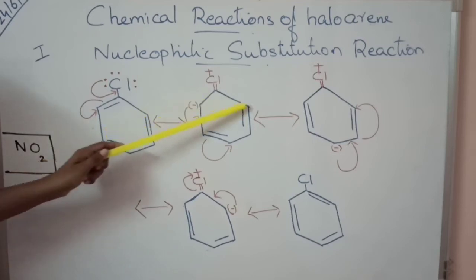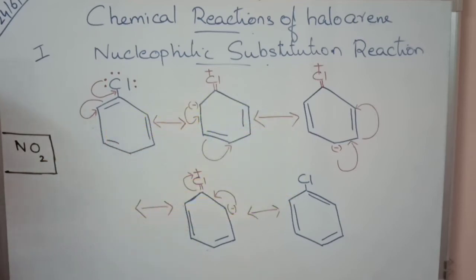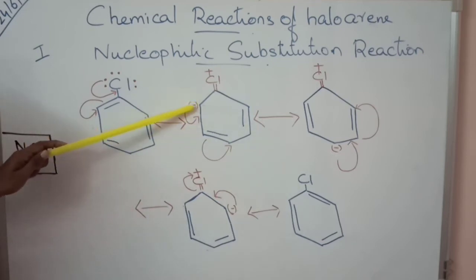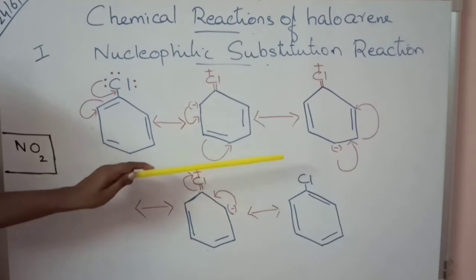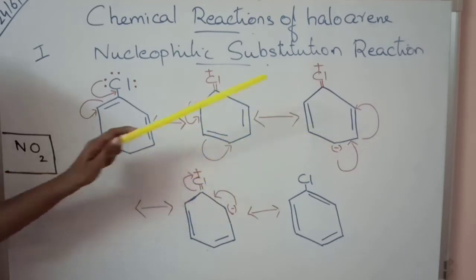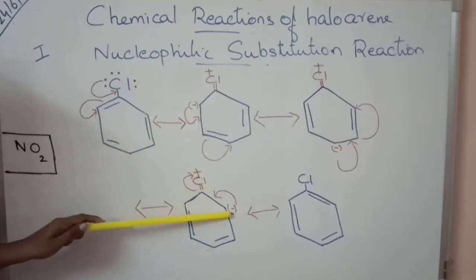Here in this resonance structure of chlorobenzene, you can observe that the electron density is maximum at ortho and para positions. Here this is para position and these two are ortho positions.